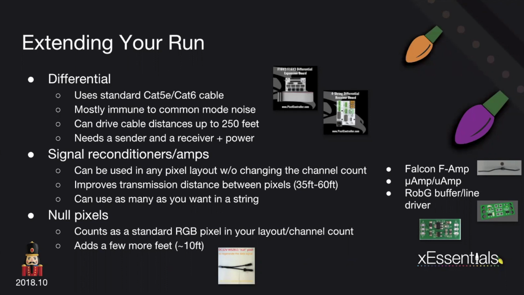So they will take your signal in, they will regenerate it, and they'll send it back down the line the way that regular pixels do on each hop. But being pixels, they don't have the same drive characteristics that your controller does, so it doesn't necessarily work quite as well. So you're going to get maybe 10, at most 15 feet additional after that null pixel. So if you want to run for a fair distance more than that, you may need a whole bunch of null pixels to get down there.